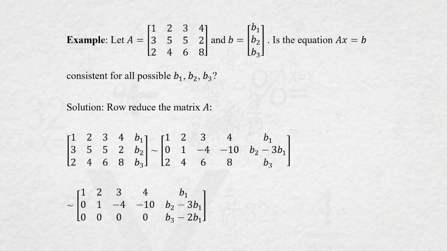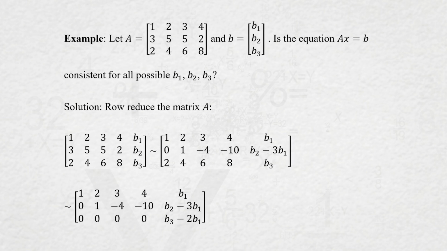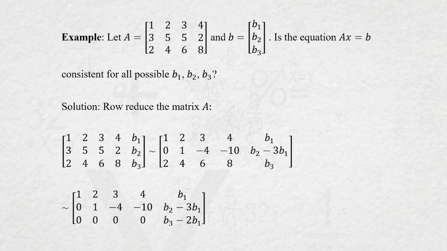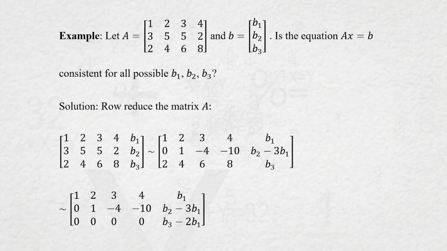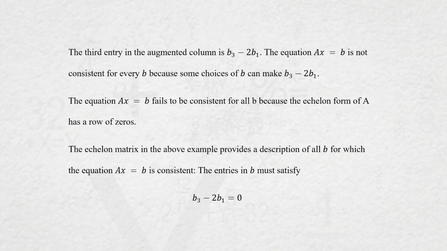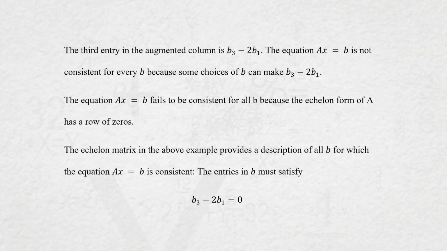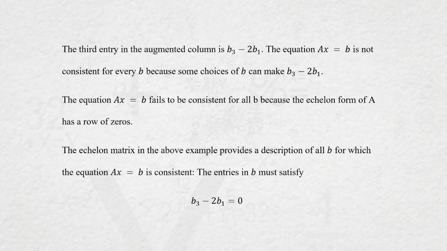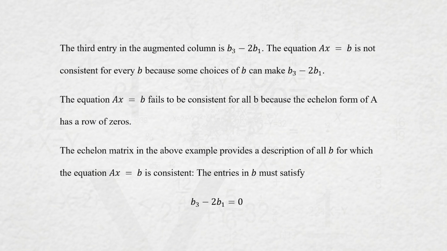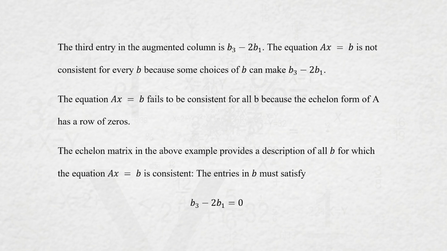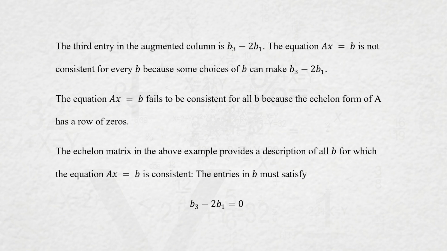First, we are going to row reduce the matrix A, and the row reduced form is there on the screen. These operations we have already discussed. The third entry in the augmented column is b3 minus 2b1. The equation Ax = b is not consistent for every b because some choices of b can make b3 minus 2b1 nonzero.